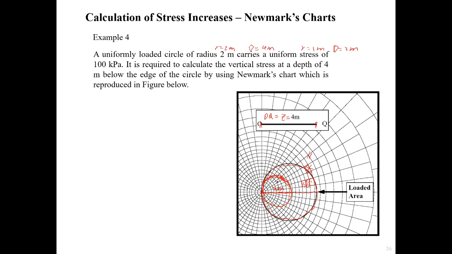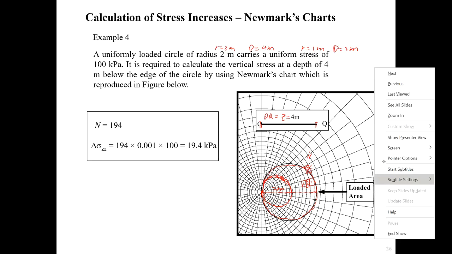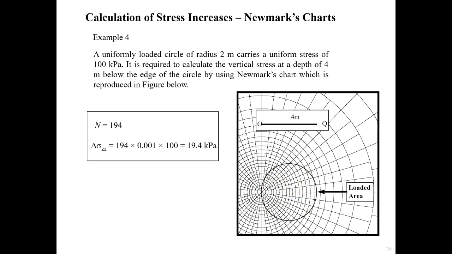That's how you plot this circular loading area, and then you count the number of blocks. If we count the blocks within this circular area, it will be 194.